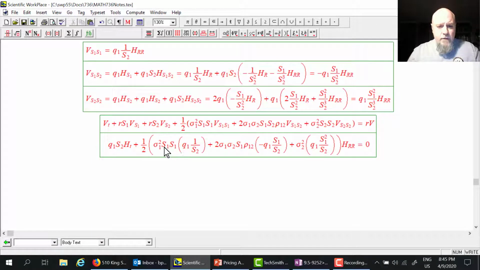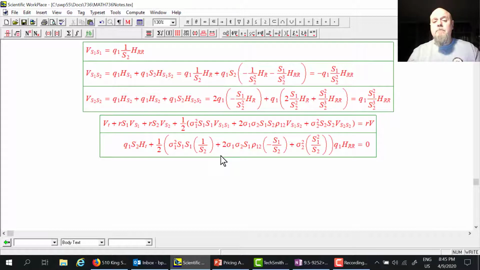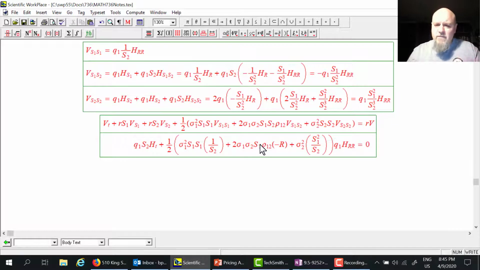What can I factor out here? I've got a Q1 in each one of these pieces, so let's take a Q1 to the outside. Okay, now I can make this an R, and I want to change everything into R's.